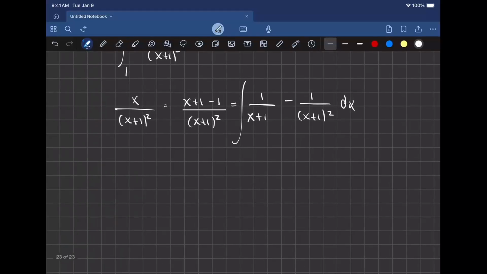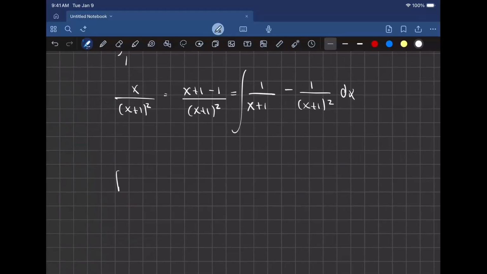So 1 over x plus 1 is just going to give us natural log absolute value of x plus 1, plus this whole thing, when solved with a u sub, just gives us 1 over x plus 1. Derivative of 1 over x is negative 1 over x squared. So plus c is our solution.